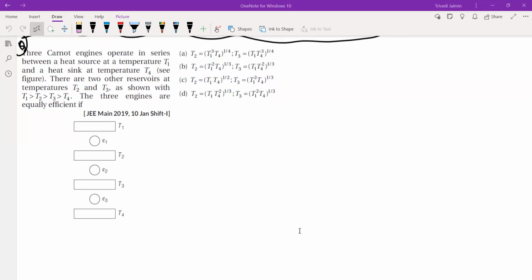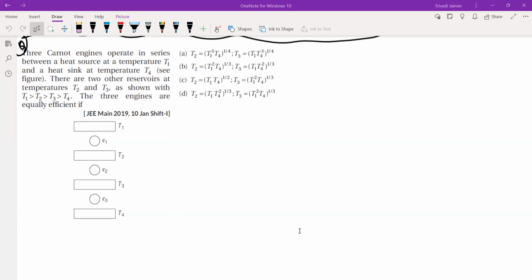So N1, N2, N3. First we'll equate N1, N2, then second time we'll equate N2, N3. You get two values. Then we can solve. Yeah, try this way.